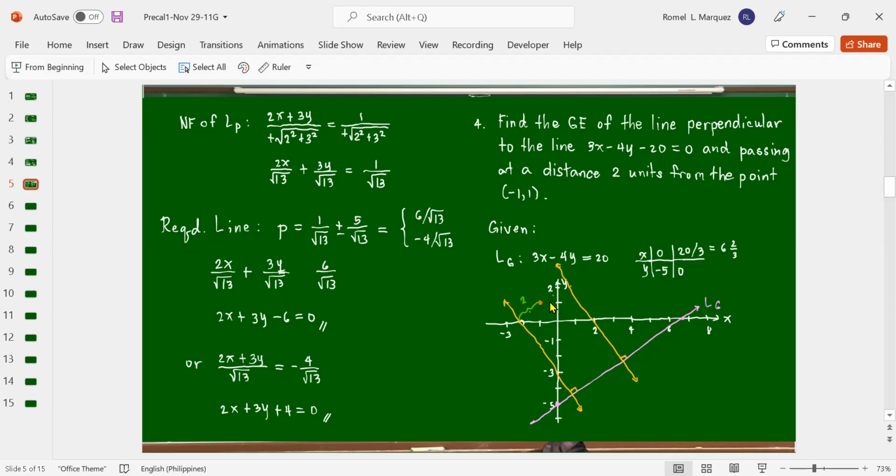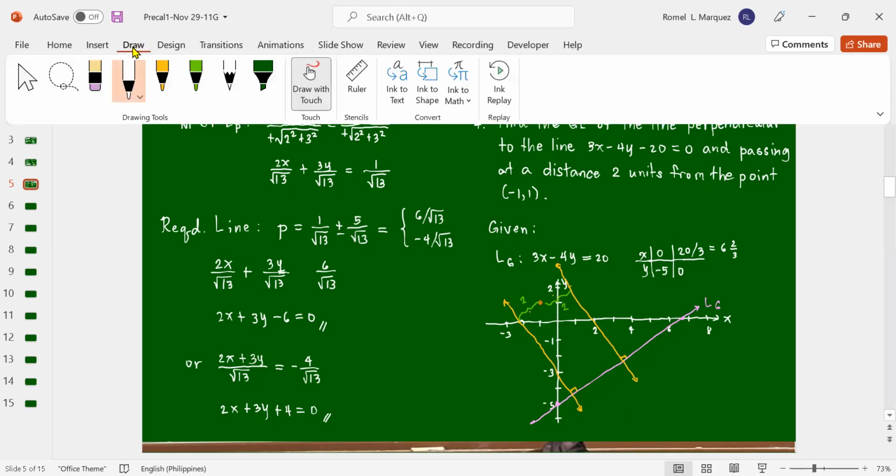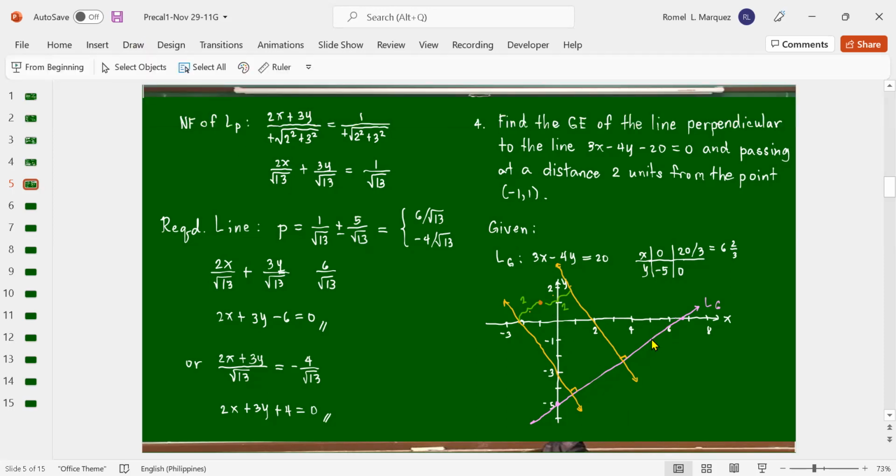Two units, and also here, 2 units. The technique is to find a line through P perpendicular to the pink, so that it will serve as our reference later, because we cannot get the reference at once.